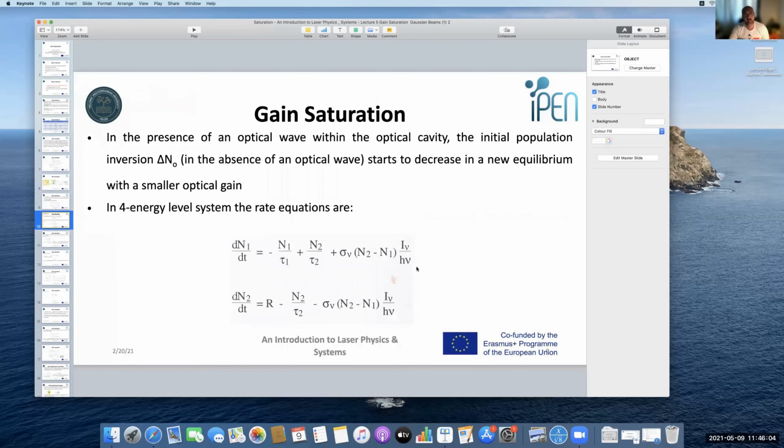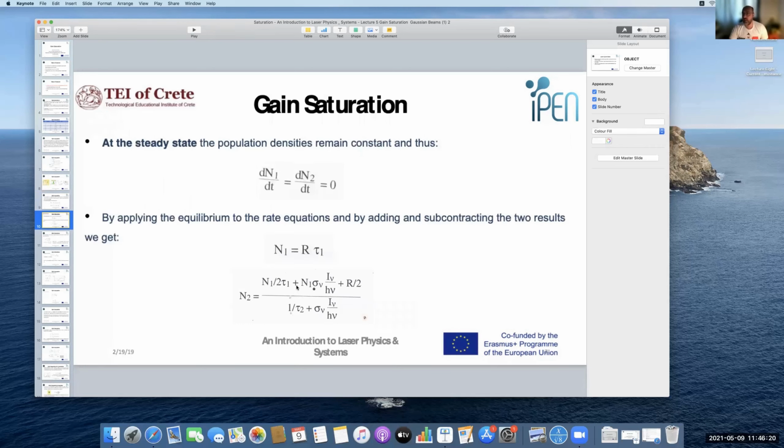So if dN1/dt equals 0 and dN2/dt equals 0, and we solve for N1 and N2, we reach two results. If you add and subtract these two results by parts, you reach this expression and this expression.